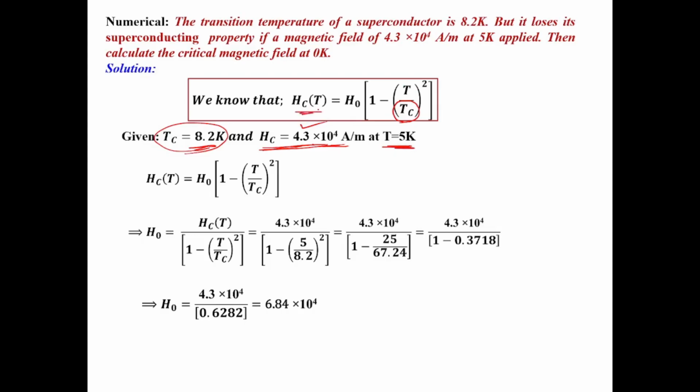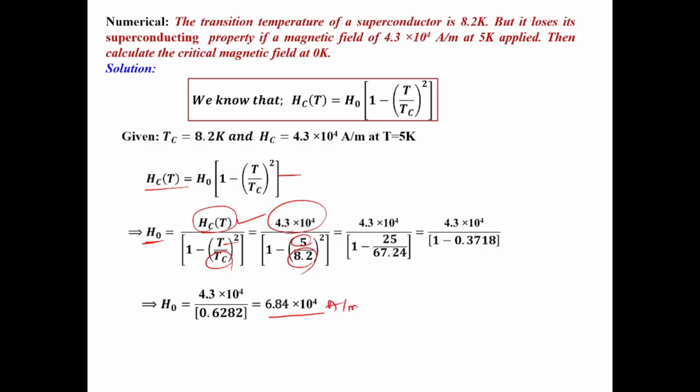So here Hc at 5 Kelvin we put over here, T is already given as 5 Kelvin, Tc is given, and we have to find H naught. Simple question. Just substitute these values: T value is 5, Tc value is 8.2, and just solve this mathematics. You can find 6.84 into 10 to the 4 ampere per meter.